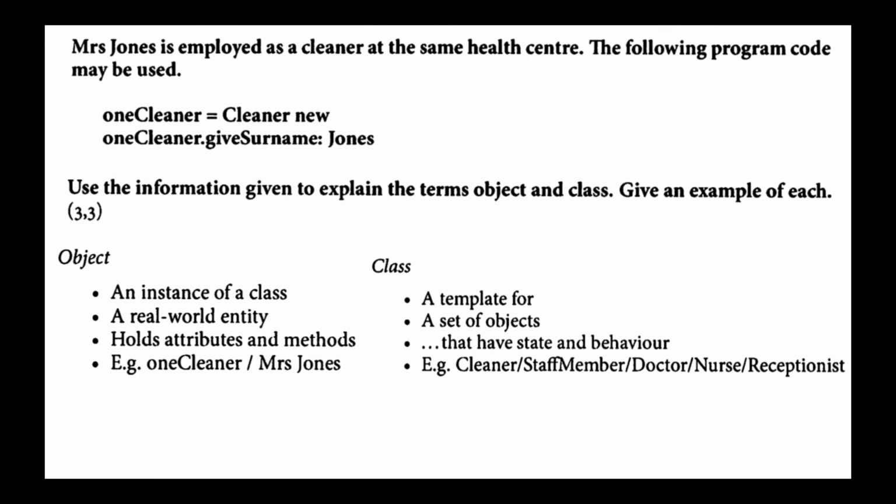It's probably good if you stick with the cleaner from the actual code itself. So I'd say an instance of a class is a real-world entity that holds attributes and methods. An example of this is the one cleaner. Then a class is a set of objects that have state and behaviour. For example, a cleaner. Oh wait, you have to get 3 for each, don't you?